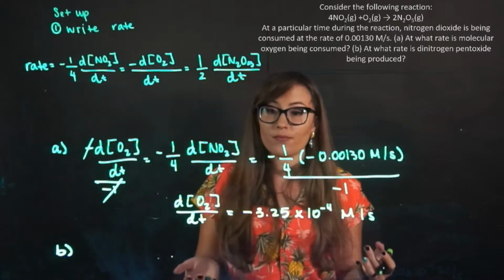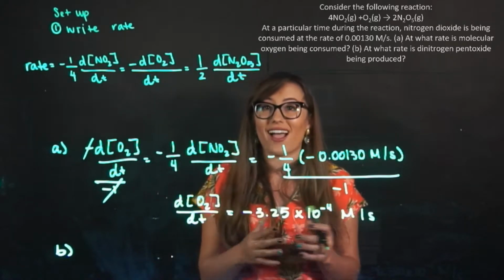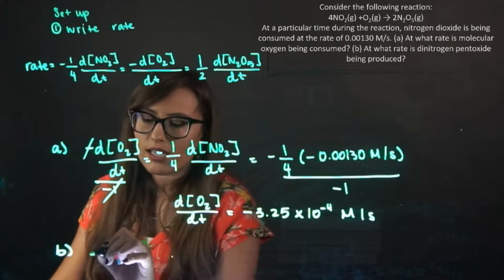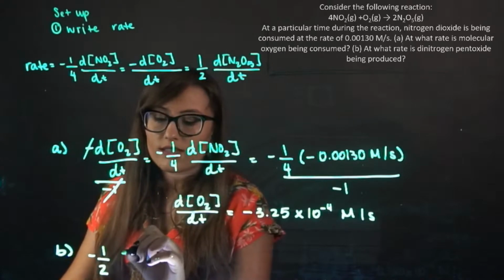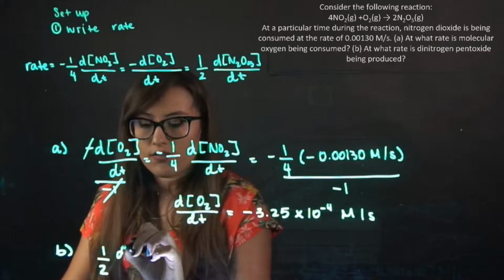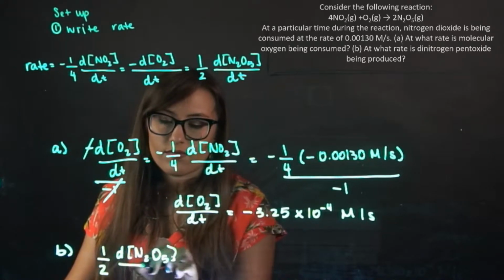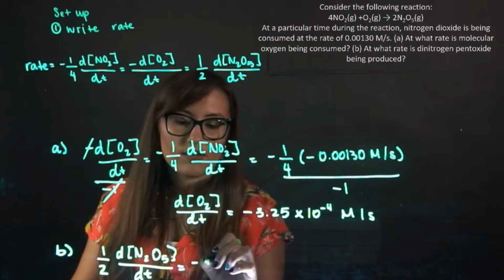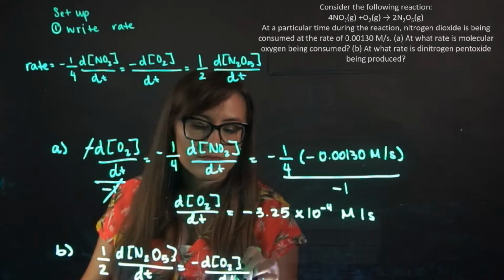And in part B, we're going to look at the rate of production of dinitrogen pentoxide. So in order to do this part, we're going to use this expression right here. The positive 1/2 rate of production of N2O5 is equal to the negative rate of consumption of oxygen.